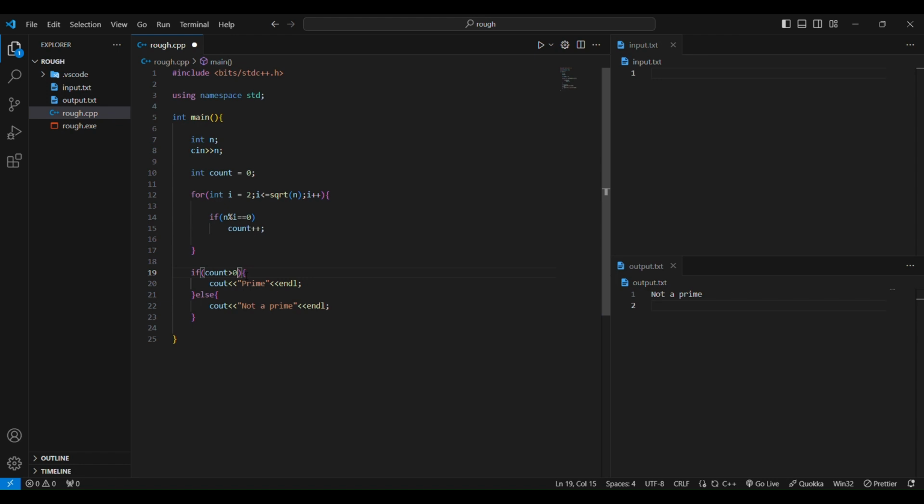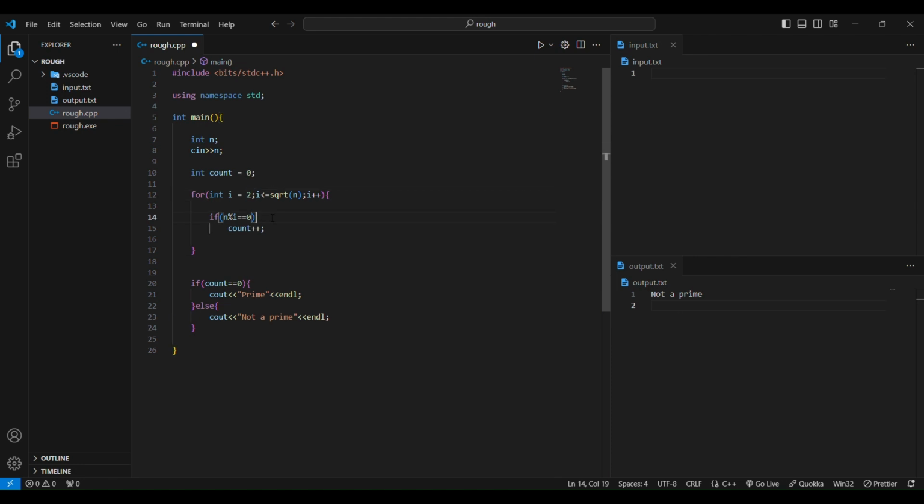If there is some factor, that means it's not a prime. When i is equal to 1, that means 1 and the number itself will be the factors, right? So that we know, but we are trying to find, is there any other factor other than this? So that's the reason we are starting it from 2.